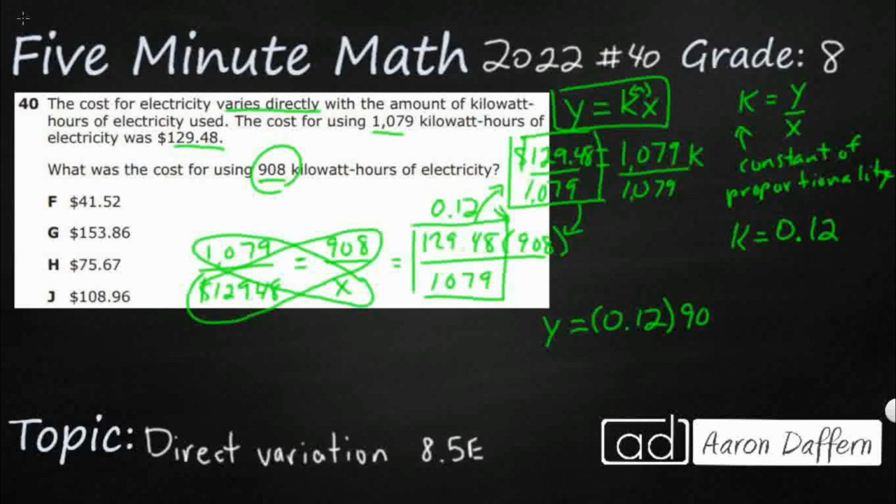What I'm looking for is my 908. So if I multiply 908 times that 0.12, there we go. We're going to get an answer that is thankfully looking at us from our answer choices. So you could have done it this way or this way. They both work. Your answer is J.